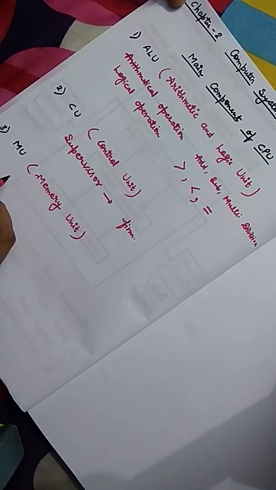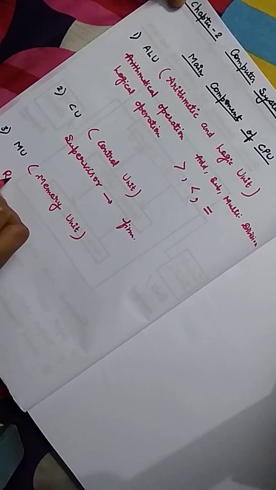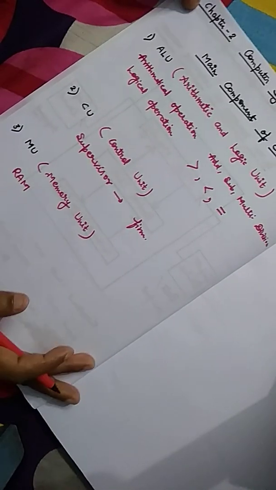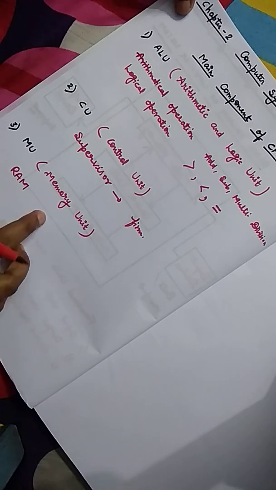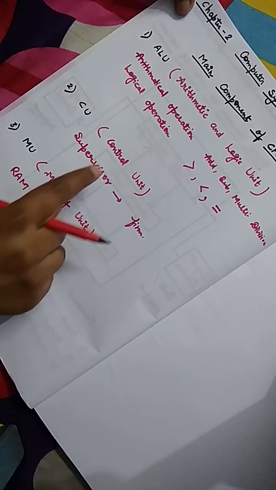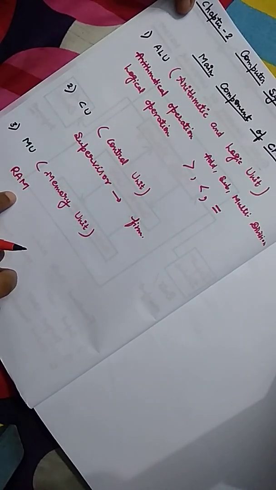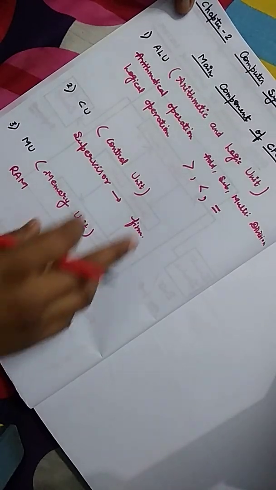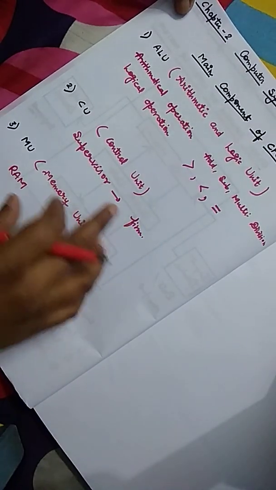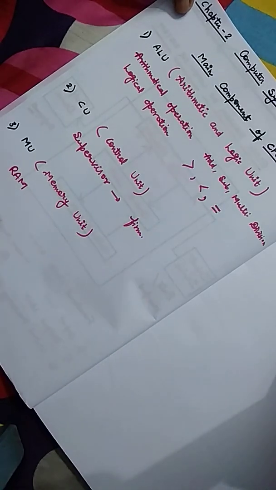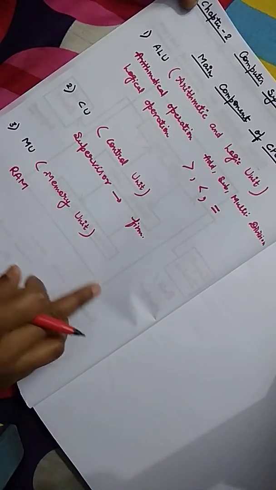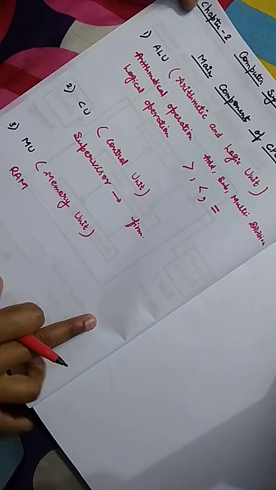So there is RAM for temporary storage of that data, and after storage the control unit regulates all the work through the ALU or by controlling other parts, and gives the result according to the user's instruction.